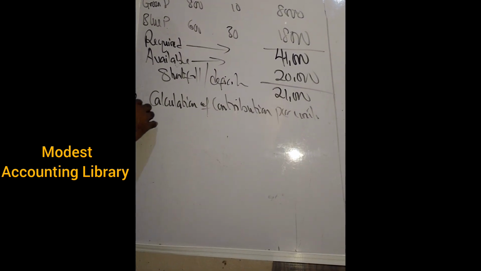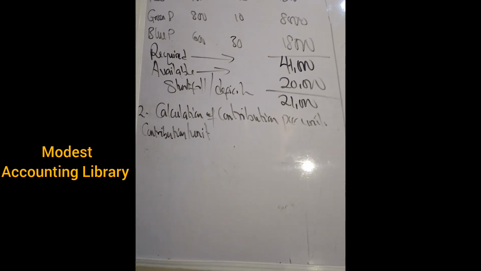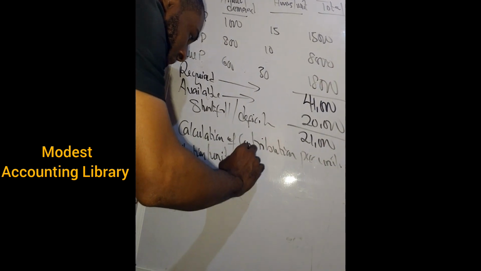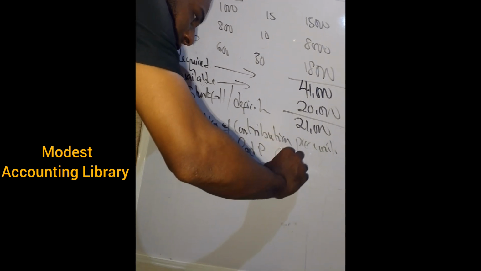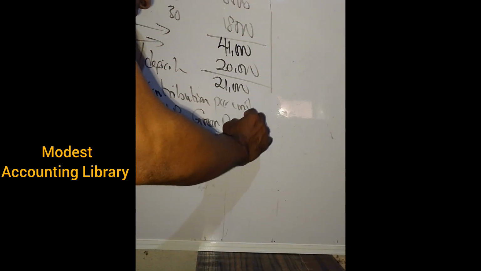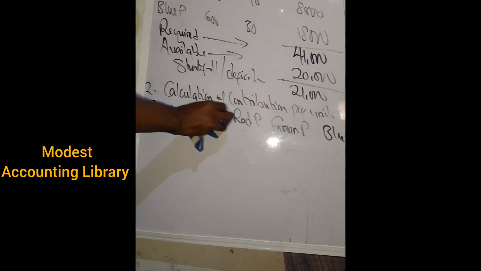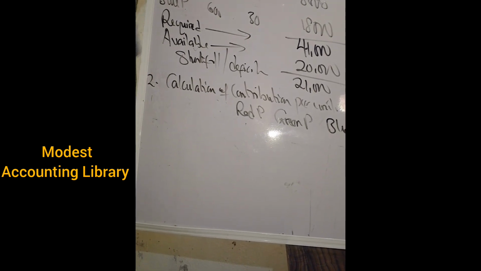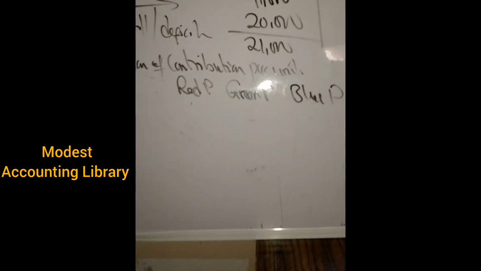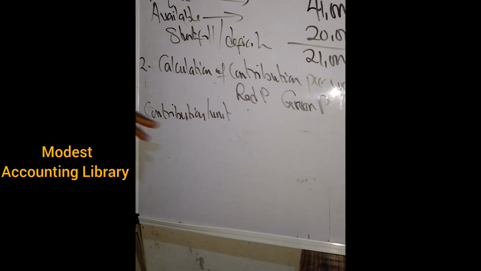So I'm going to bring the contribution per unit for the three products: red P, green P, and blue P. The contribution per unit we have been given in the question.